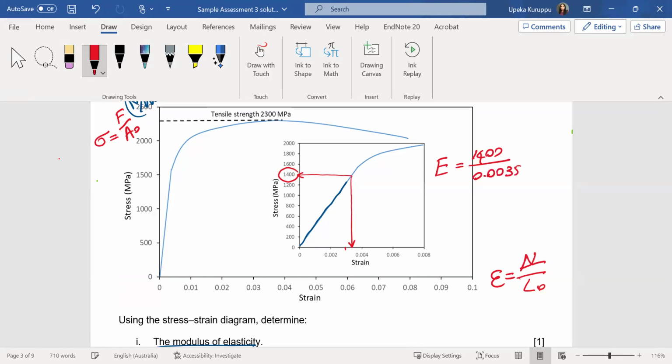Roughly, as long as you show your workings on the graph, if it is slightly different, that should be fine. So what are the units? The denominator doesn't have any units, and the numerator has megapascals. So what do we get? We can make it gigapascals. What do you get here?